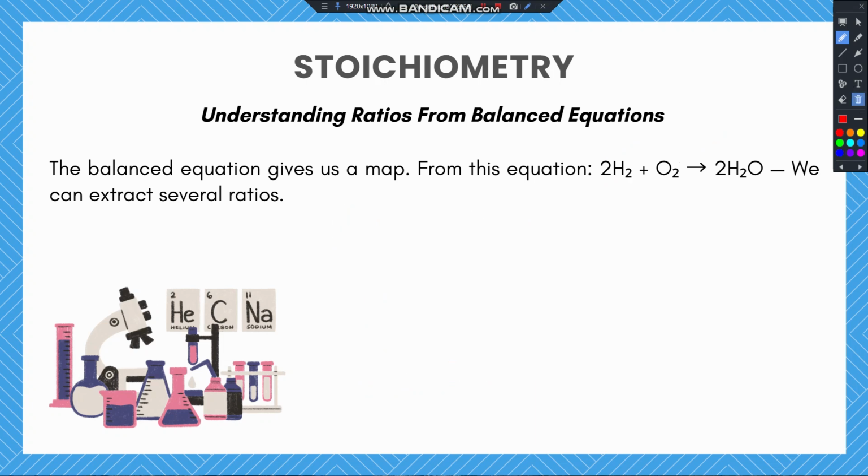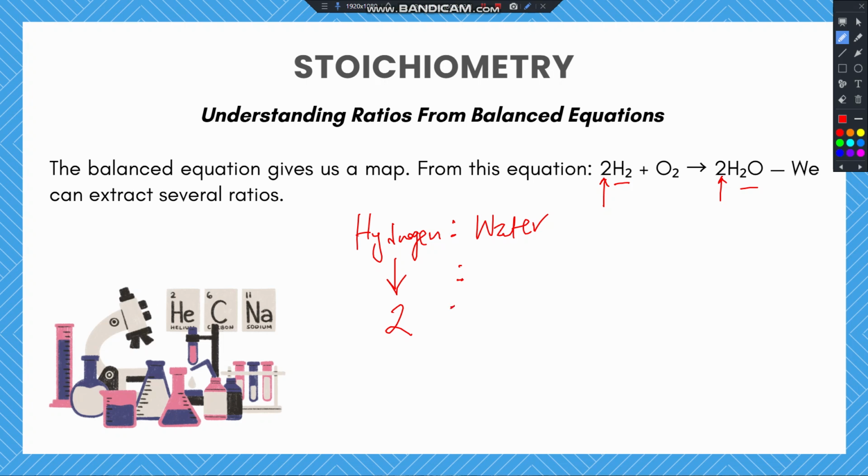That's not all. We can also get the mole ratio of hydrogen to water. So if we are asked to find the mole ratio of hydrogen and water, it becomes, how many parts of hydrogen do we have? We have 2, so let's write that out. And how many parts of water do we have in this equation? We also have 2.